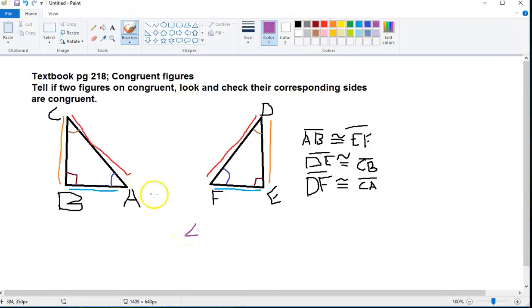So if angle A is congruent to angle F, then angle B and angle E. And finally, angle D and angle C.